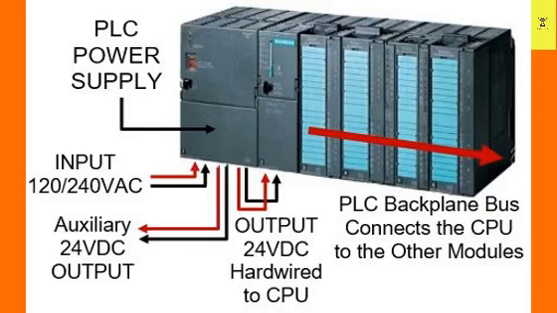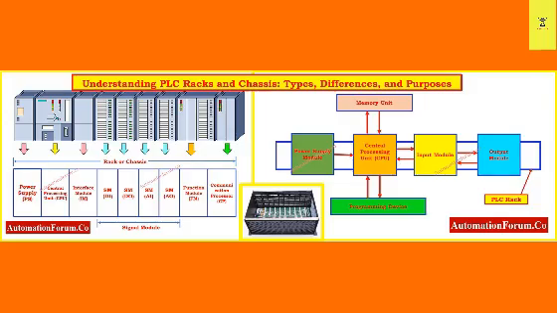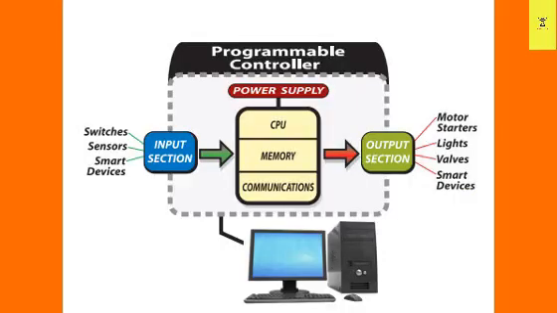ROM and EEPROM store permanent programs and firmware. RAM stores temporary data during operation. Firmware is system software controlling PLC operations. The function of the CPU is to control all functions, process input data, execute logic, and send commands to the output.